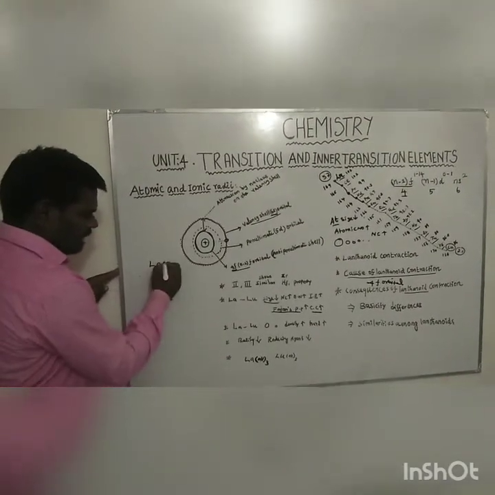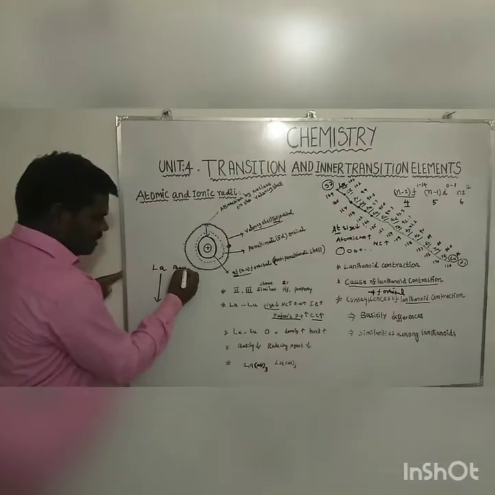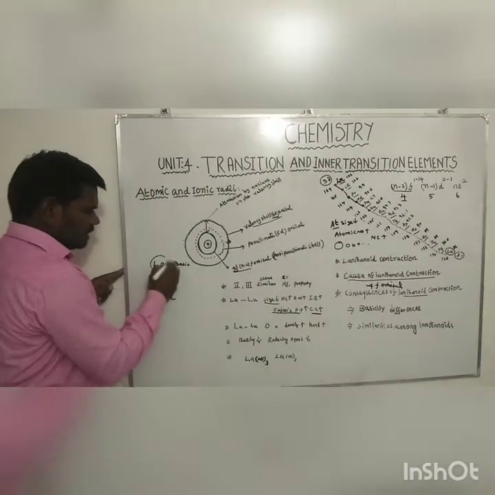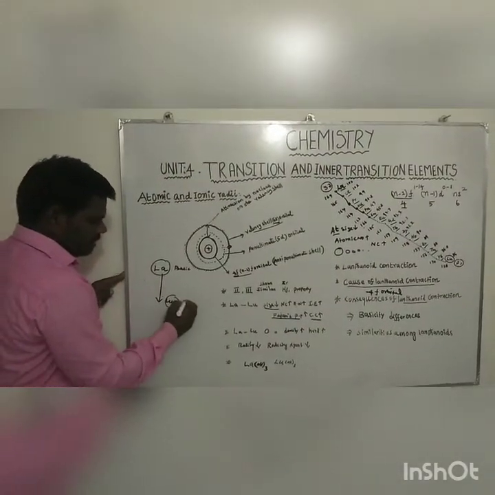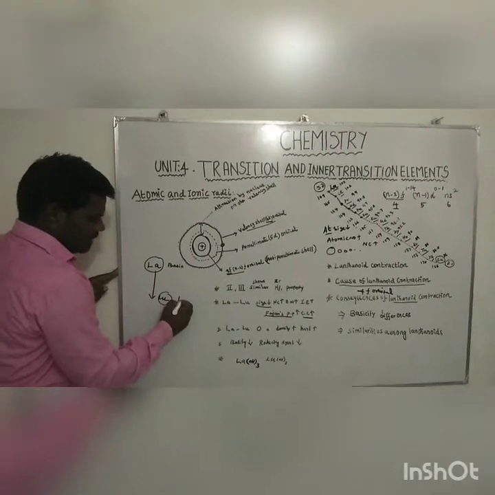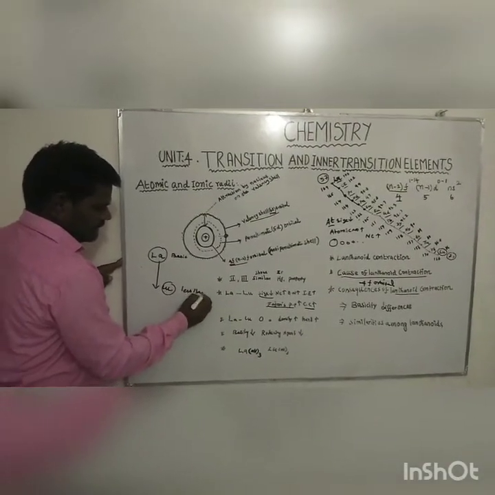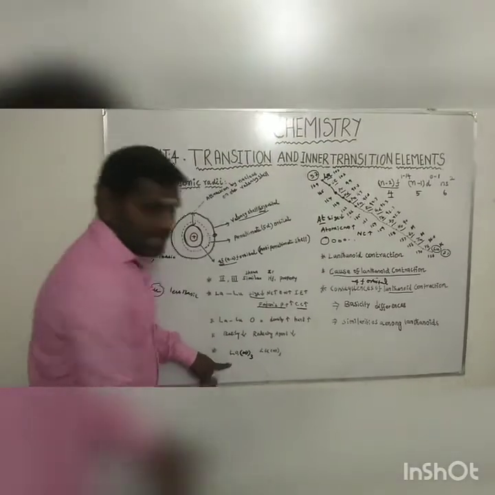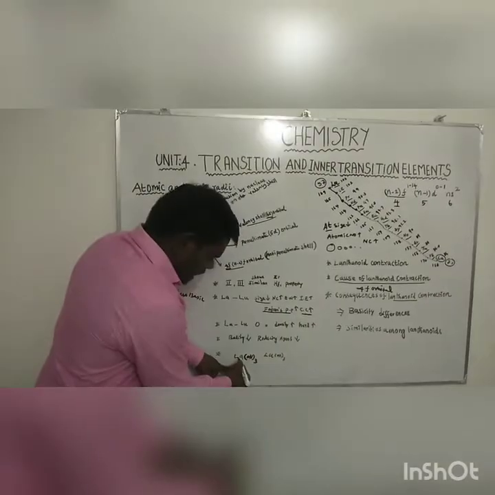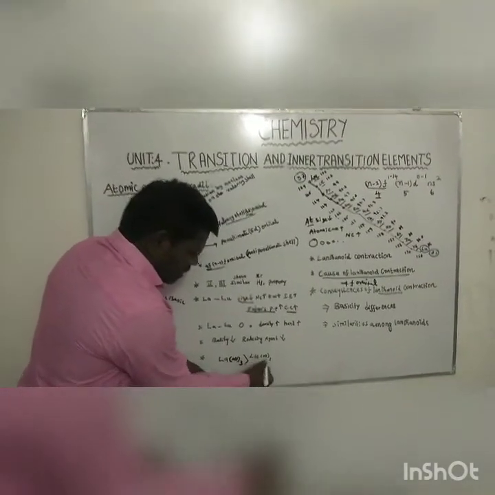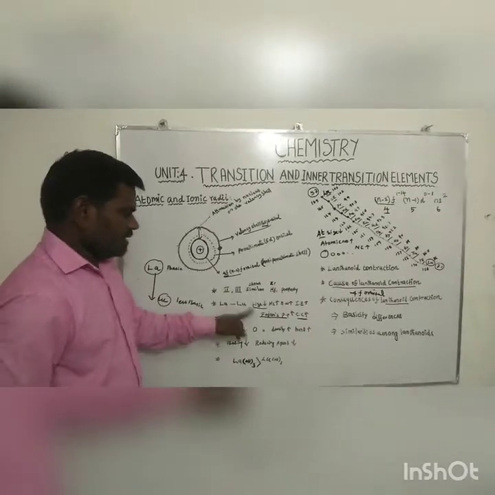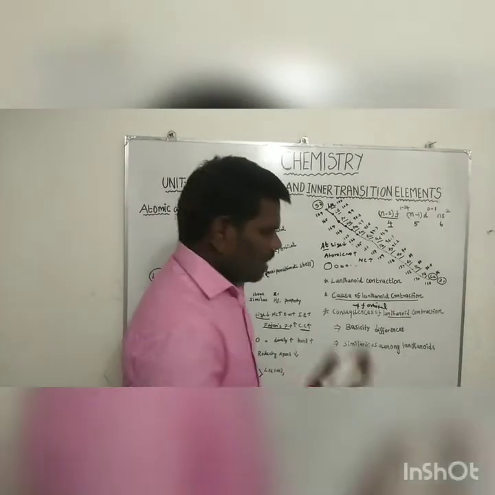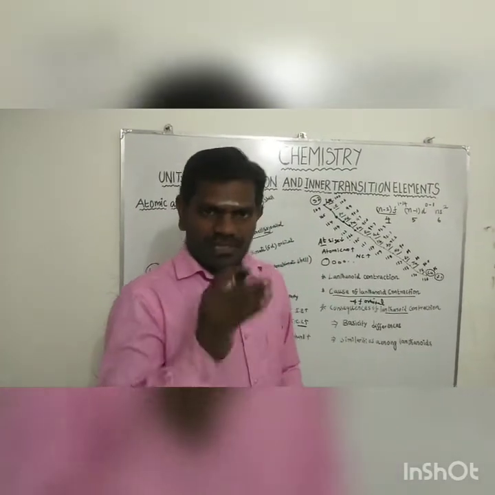A comparison of lanthanum and lutetium: the basic character is more in lanthanum, but lutetium is less basic. For the hydroxides, both are trivalent compounds. Lanthanum hydroxide is more basic than lutetium hydroxide. That is the main reason.